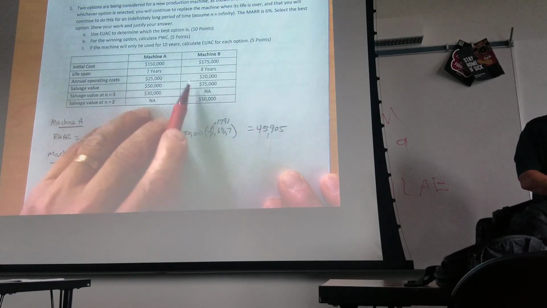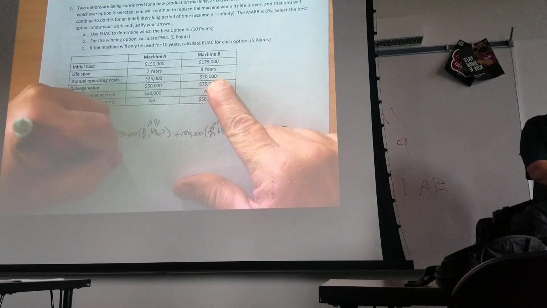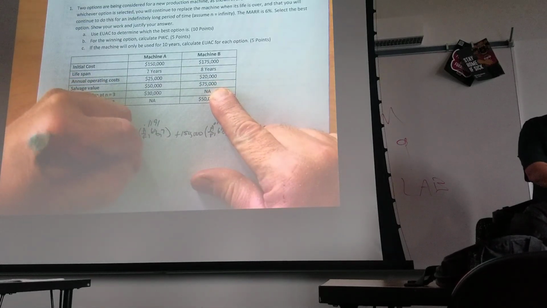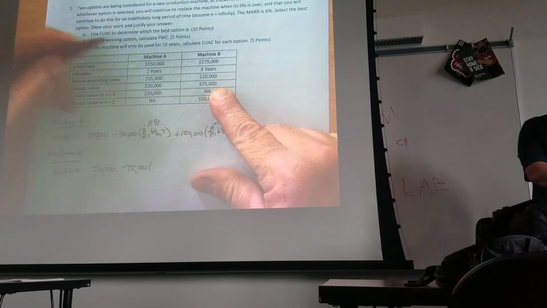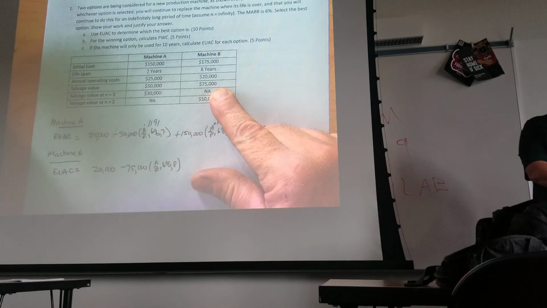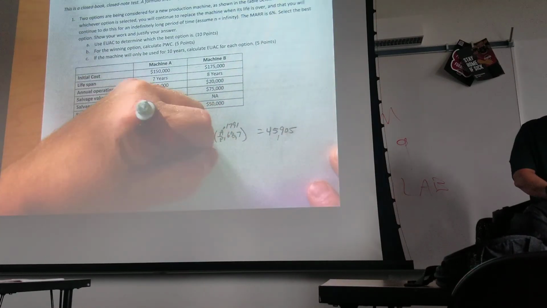So we have annual cost of 20,000. Salvage is 75. A over F, 6%, 8. And the initial cost is 175.